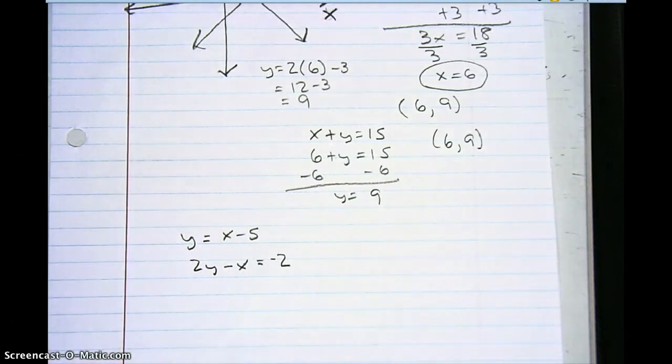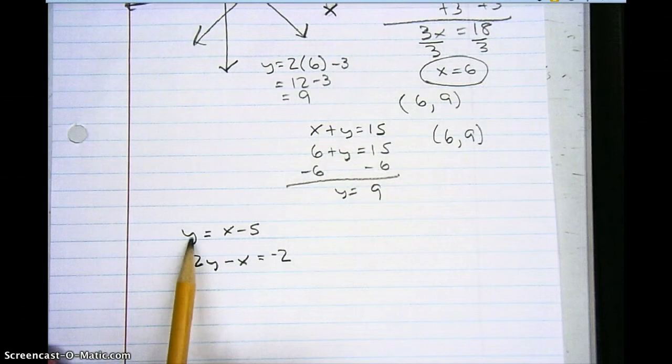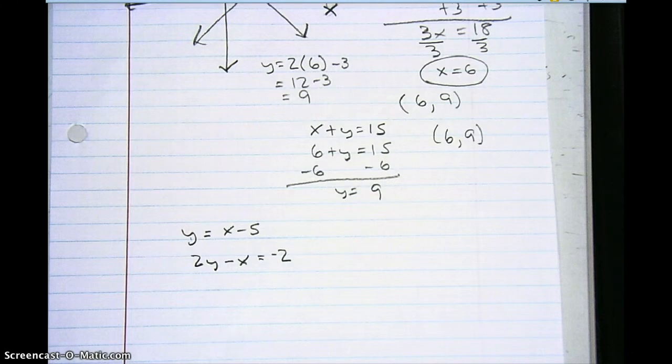So I want you to pause the recording, and what you're going to have to do is substitute y into this equation. Go ahead and substitute the y into that equation and see if you can solve it. Okay? So I'll pause the recording and see if you can solve this using substitution. Okay, let's see how you did.